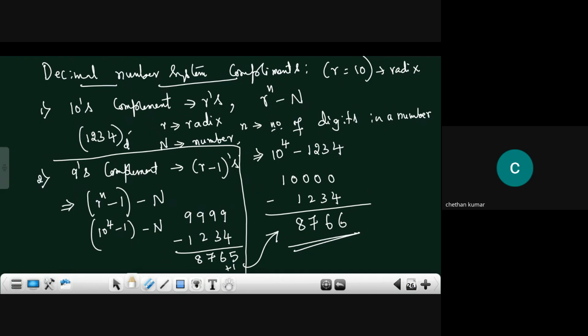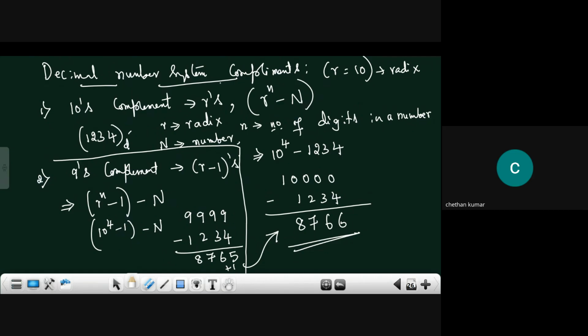Adding 1 to the LSB bit of the 9's complement becomes the tens complement. But you can represent the tens complement as r to the power of n minus capital N. Nines complement means r to the power of n minus 1 minus N.